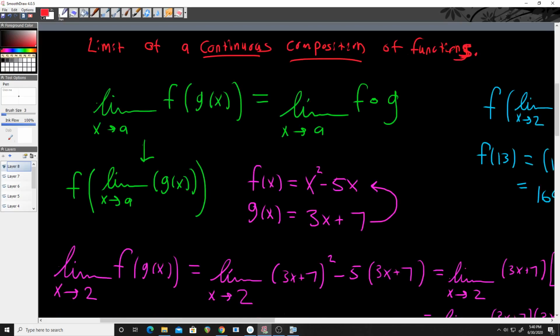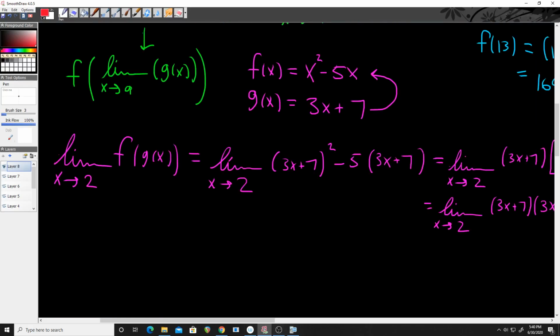And what I want you guys to do, for starters, if you're learning this in any capacity, is repeat what I did for g of f of x.